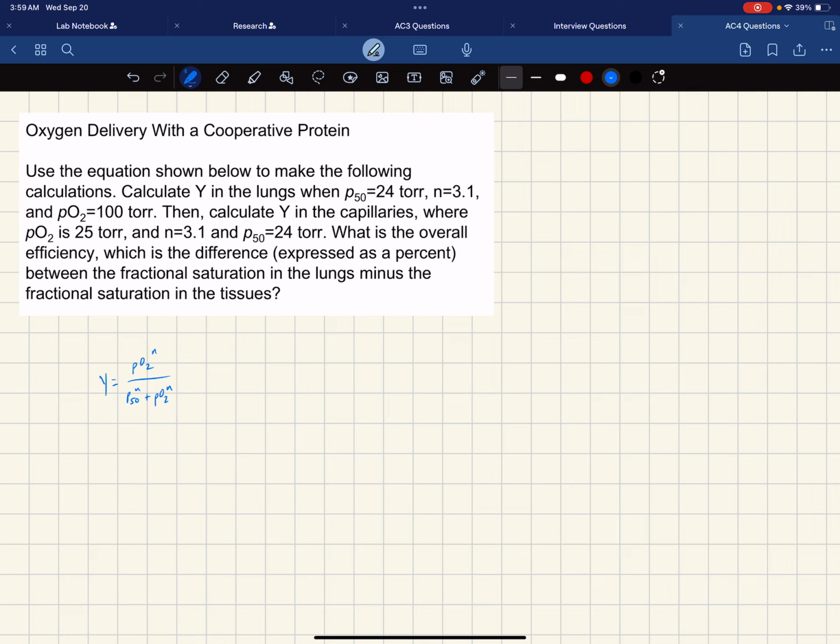And so the question's asking us to find the difference in fractional saturation of oxygen in the lungs versus in the tissues.